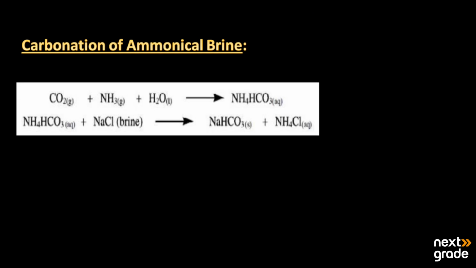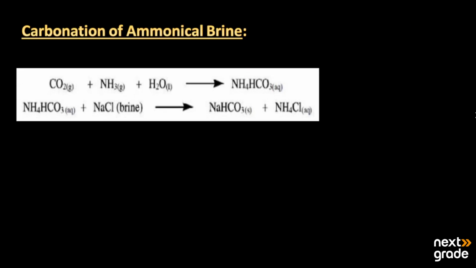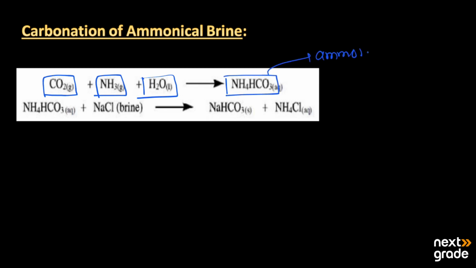After this, we have the second step, which is carbonation of the ammoniacal brine. In this step, carbon dioxide is added. We have the ammonia gas, and in the presence of water, we gain the product ammonium bicarbonate. NH4 denotes ammonium, and HCO3 denotes bicarbonate.